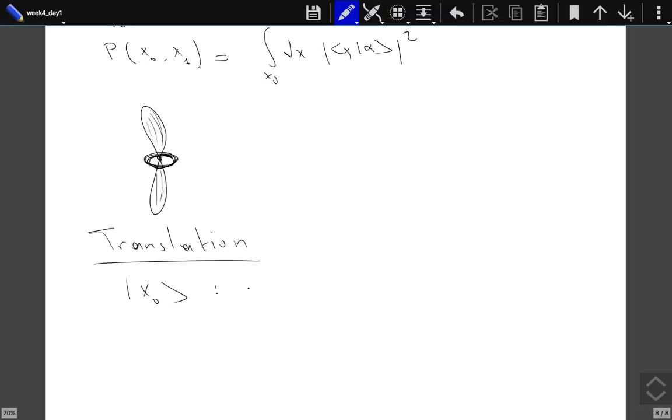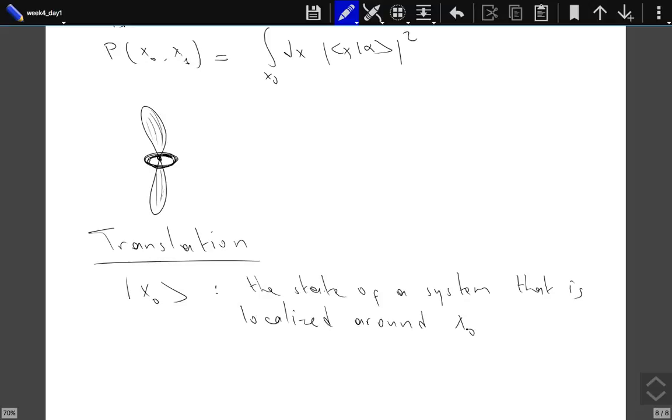I will define it to be the state of a system that is localized around, let's say, x0.